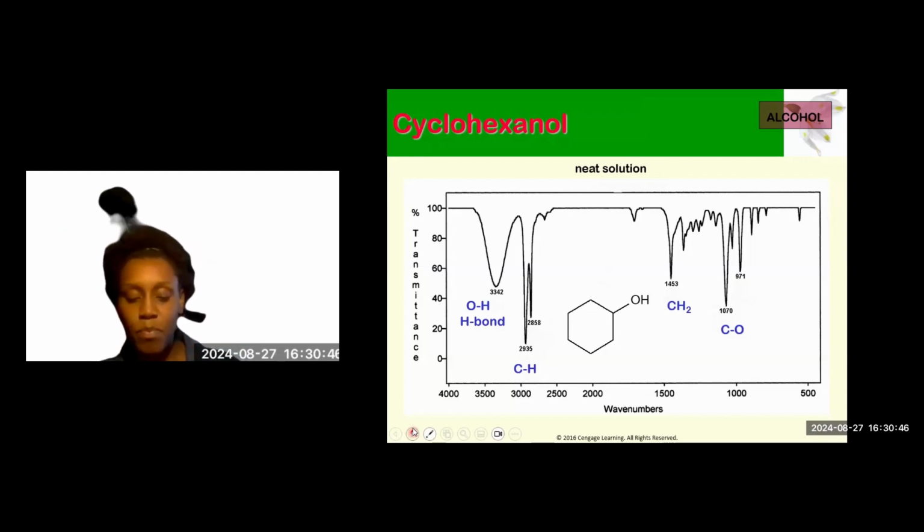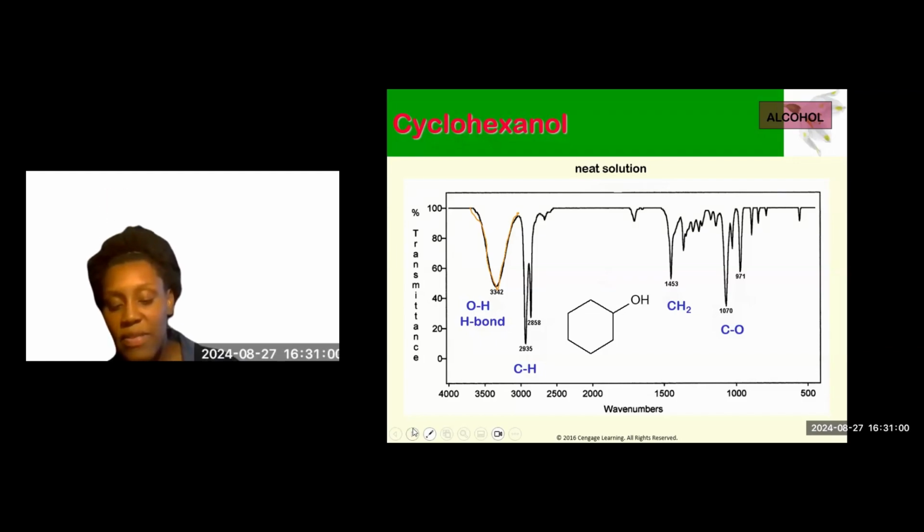cyclohexanol. And so what you would see here is your broad peak, okay? You'd have that broad peak right there. And that is your OH stretching. So you notice that this peak is broad and it's smooth. You see it's around the 3,300.